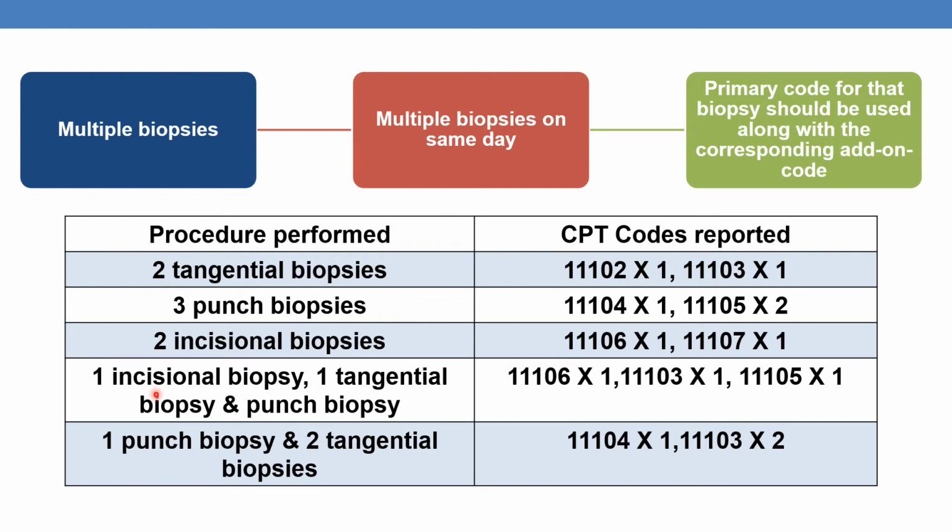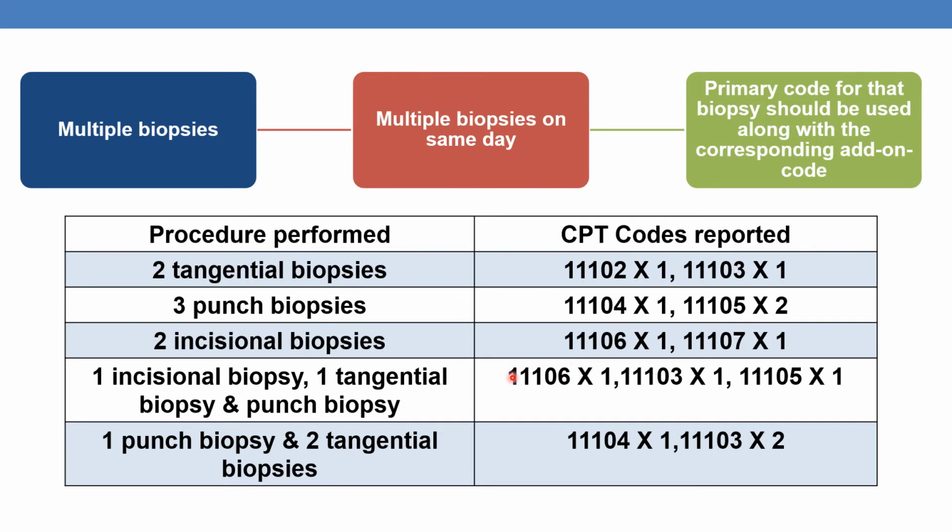The next scenario is where 3 different biopsies are performed: incisional biopsy, tangential biopsy and punch biopsy. So how are we going to code this scenario? First, the primary code for the biopsy of the first lesion, 11106, which is incisional biopsy, single lesion.